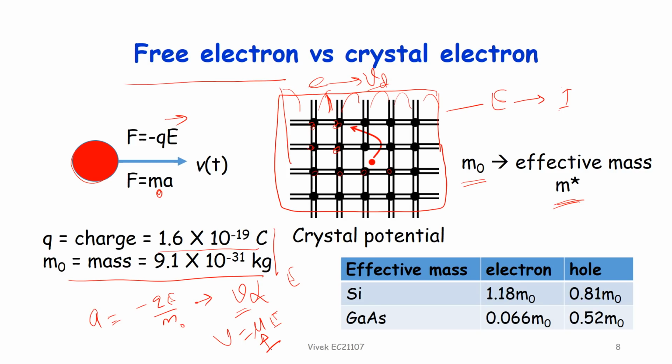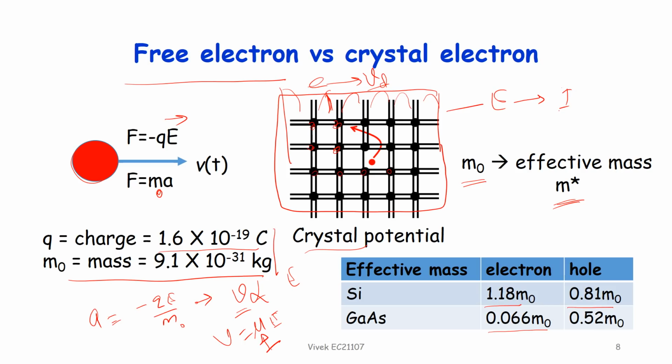For example, in a crystal, for silicon, the effective mass of the electron is 1.18 times m naught. So it is basically more, which means the electron in the silicon crystal is heavy. That means when you apply a field, it will move slowly compared to a free electron. The hole mass is less, 0.81 m naught. Similarly for gallium arsenide, the electron mass is very small, 0.066 m naught.